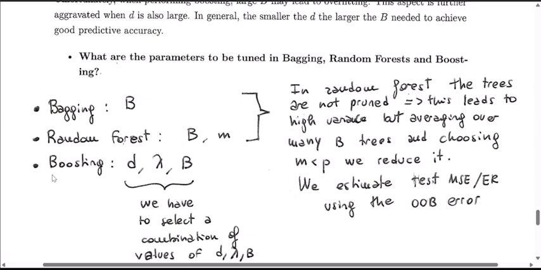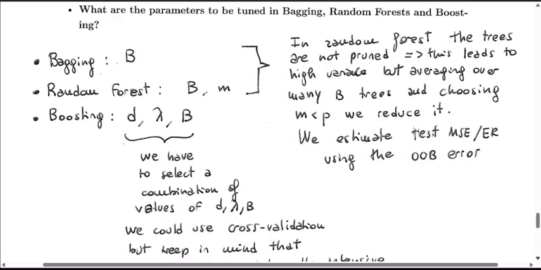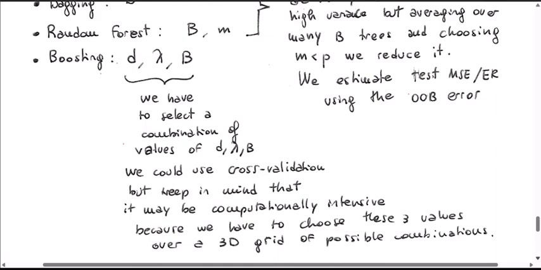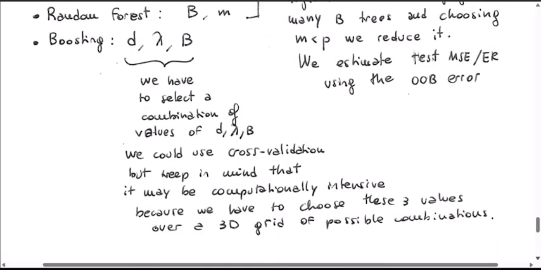There's going to be the shrinkage parameter lambda. We're also going to have the number of splits D, and of course, that very B. And as I said, we have to select a combination of values of those, and we can use cross validation and so on to come out with the boosting that is actually going to work.